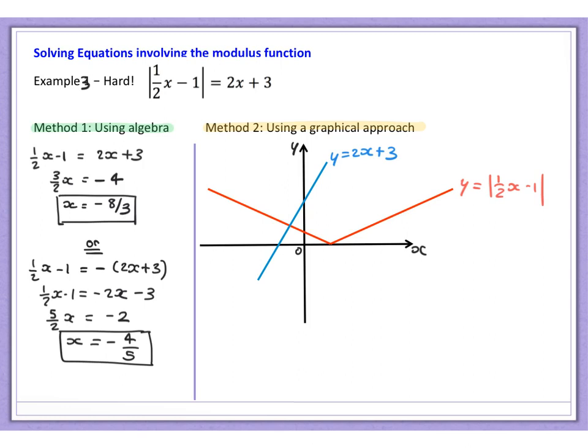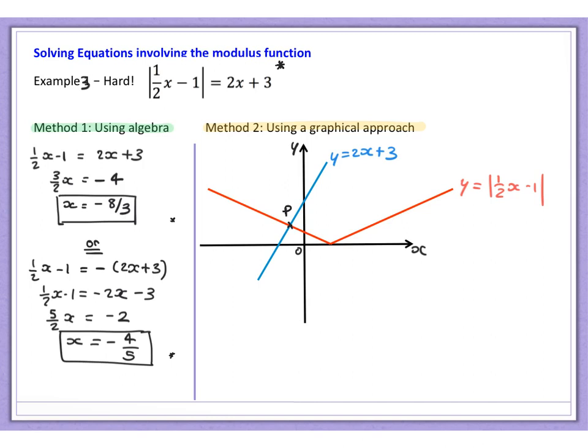The first thing that you should notice is there's only one point of intersection over here, which we'll call P, which means there is only one answer or root for the equation up here, which means one of these two answers, here or here, is actually a false answer. So this is why using the algebraic approach blindly without sketching a graph can cause some real problems. It can result in the creation of a root which actually isn't correct.